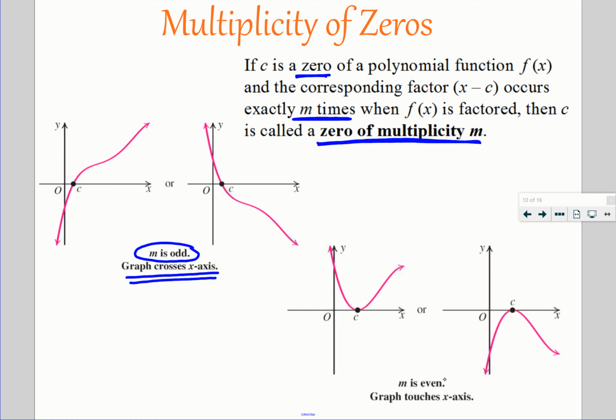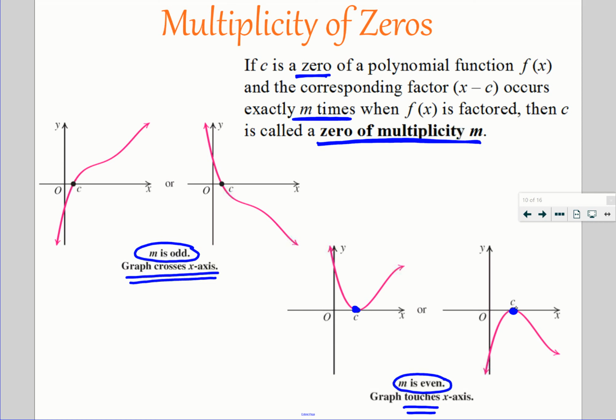If I have an even multiplicity, we say the graph touches, or sometimes we'll use the word turn around, on the x-axis. So for example, if I have a zero that occurs 4 times, that means wherever that zero is located, it would touch the x-axis and turn around. It might be going down till it gets to that point, so then it might bounce back up, or it might be going up to get to that point and it might bounce back down.